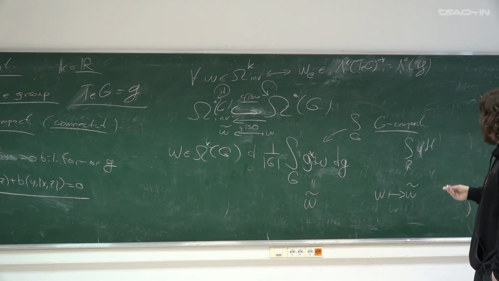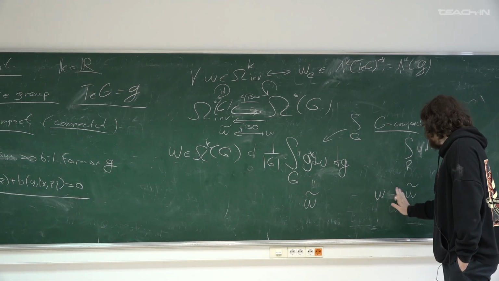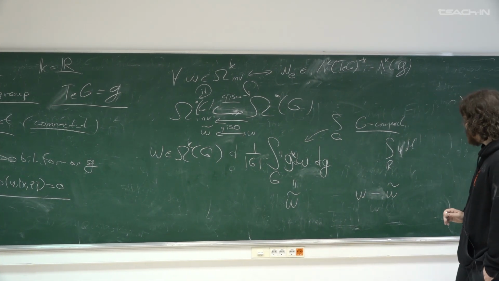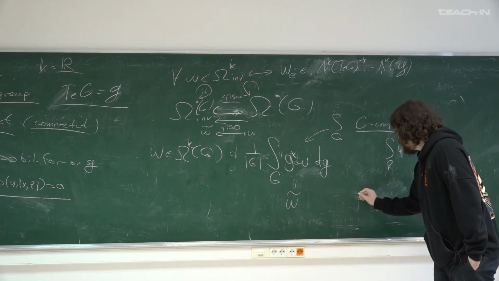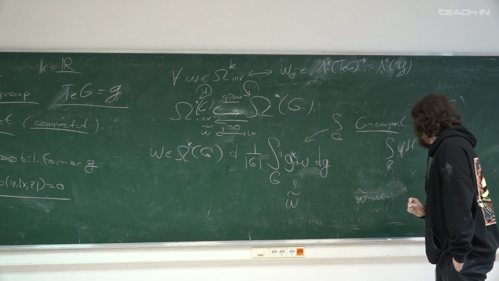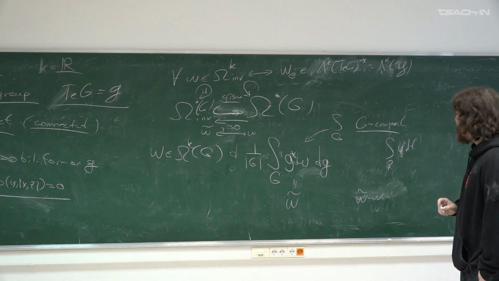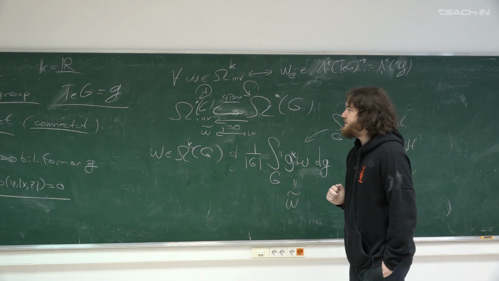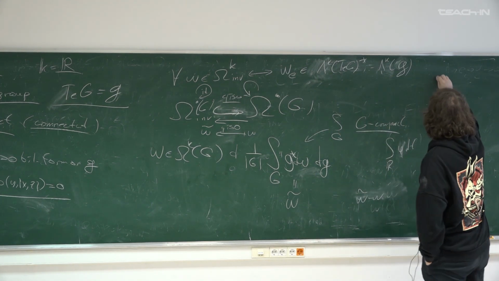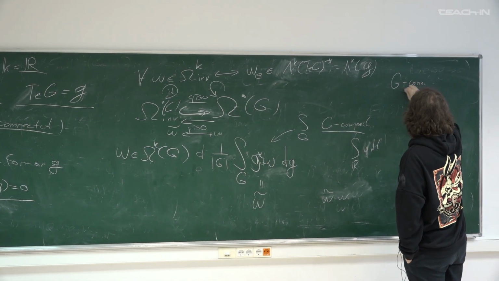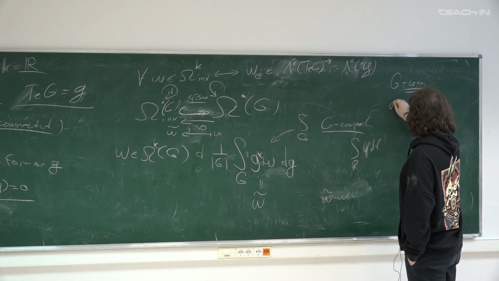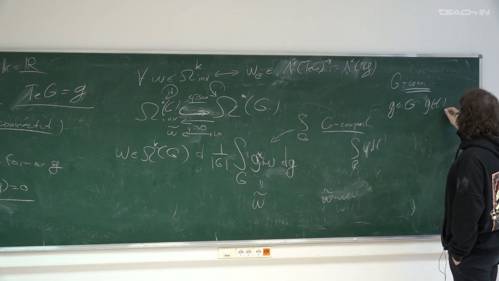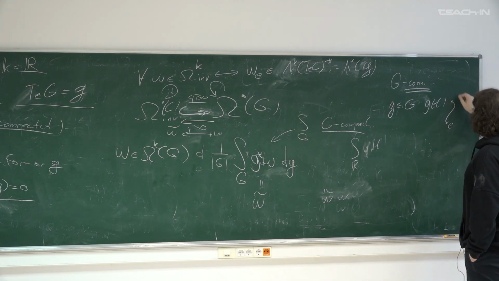I claim that they have the same homology class. I mean that the difference is just a coboundary of something. Why? Because what is omega tilde minus omega? I know it is important here that G is connected. Because G is connected, for any element g of G, I have a path from g to the unit.